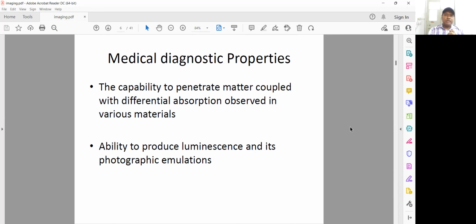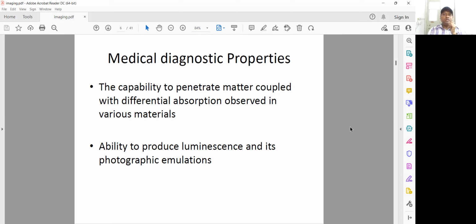Okay, so the medical diagnostic properties of X-ray are the capability to penetrate matter, coupled with the differential absorption observed in the various materials. This differential absorption will make the image have much more clarity.